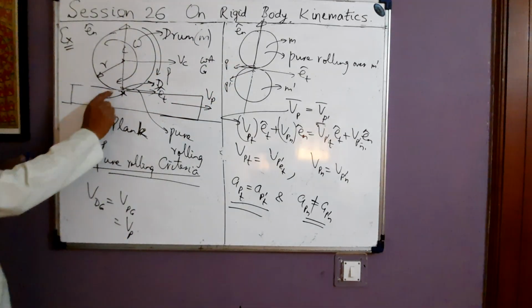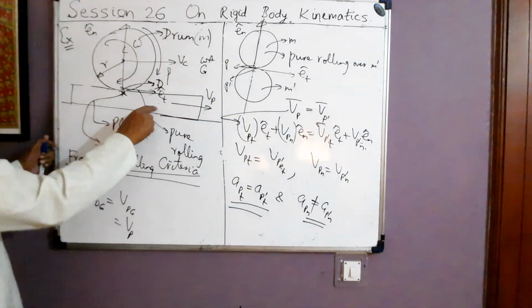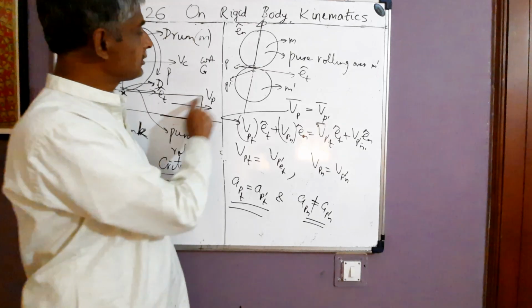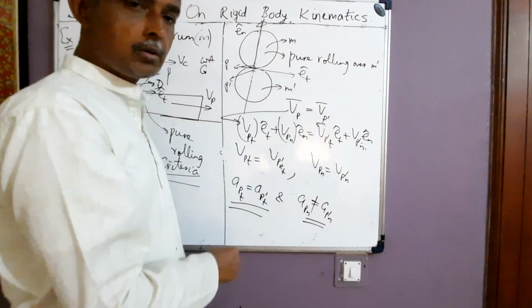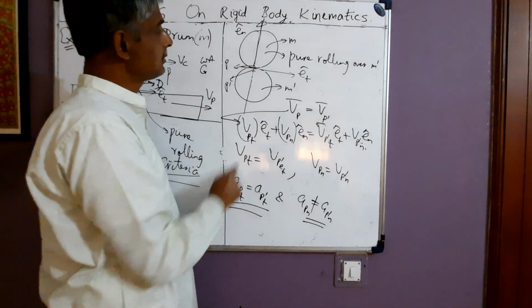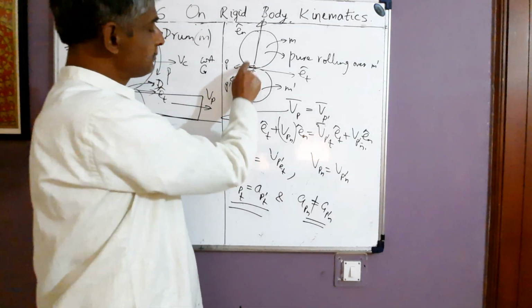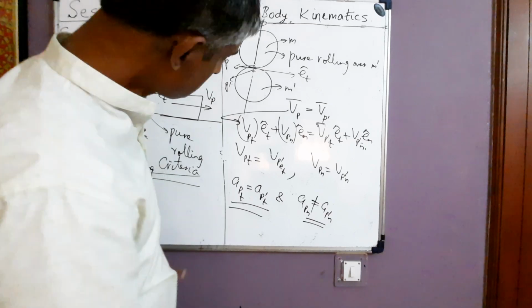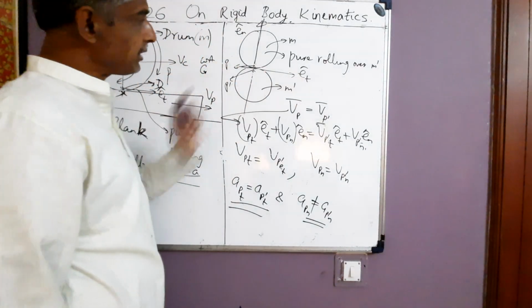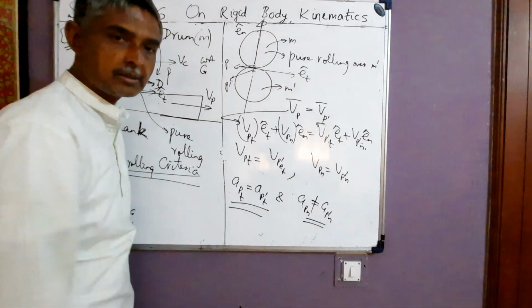So this example I took up just to demonstrate the concept, a translating plank, but it does not say that the body over which M undergoes pure rolling may only translate; it may rotate also. So the general conclusion will be this: velocities of 2 points P and P dash are equal in tangent plane also and common normal also, but accelerations are equal only in tangent plane, while along the common normal their accelerations are not the same.